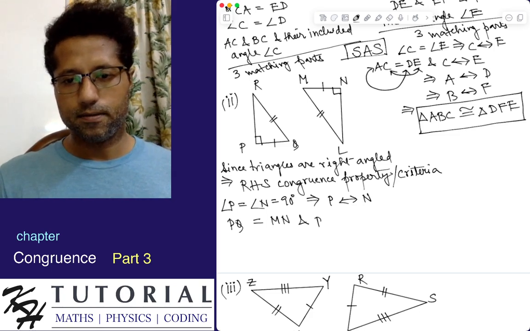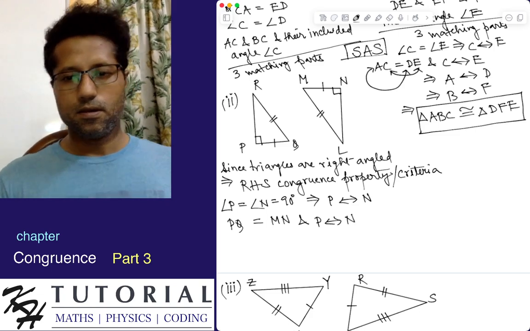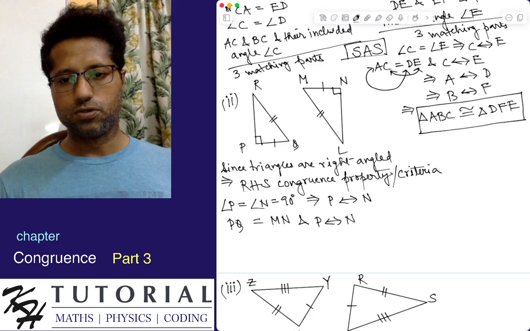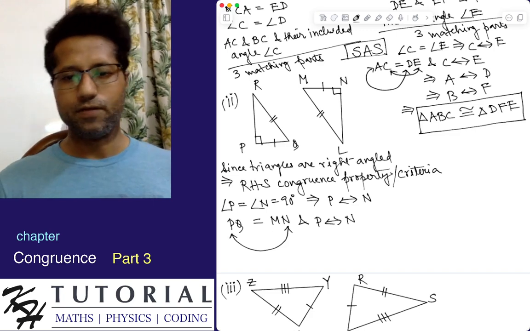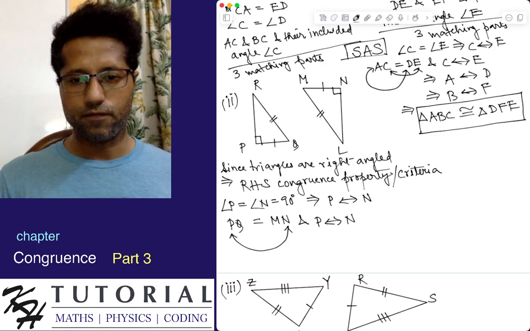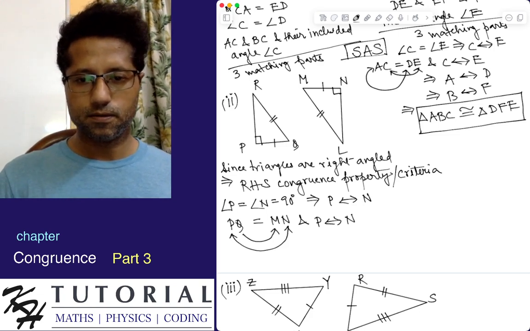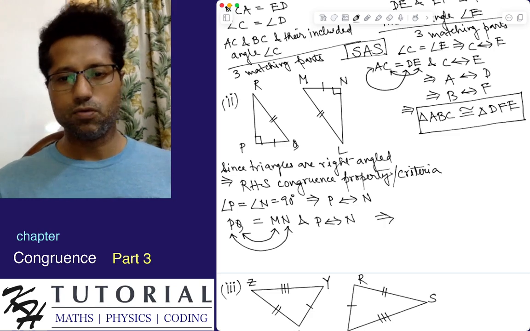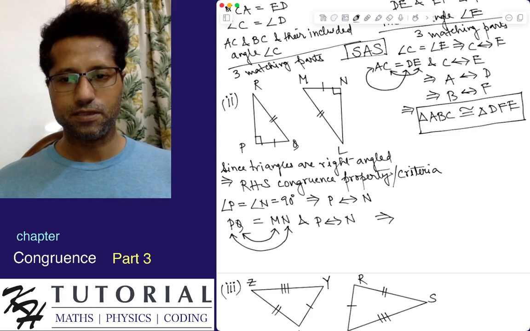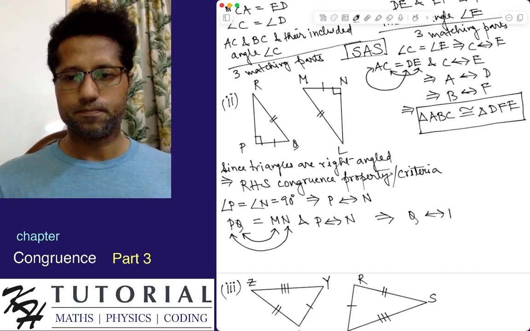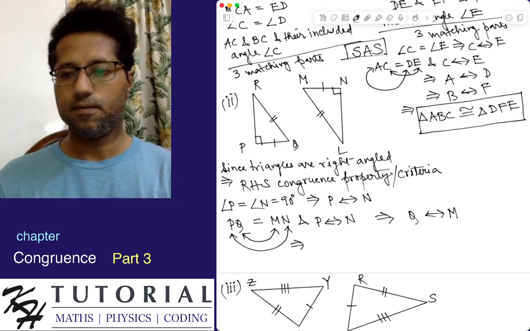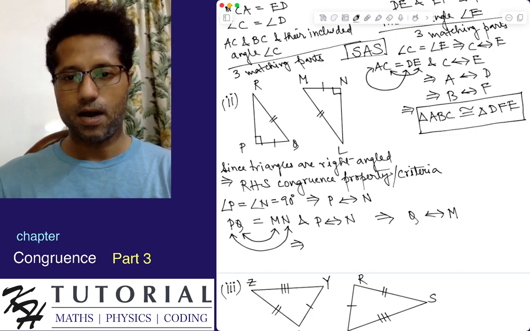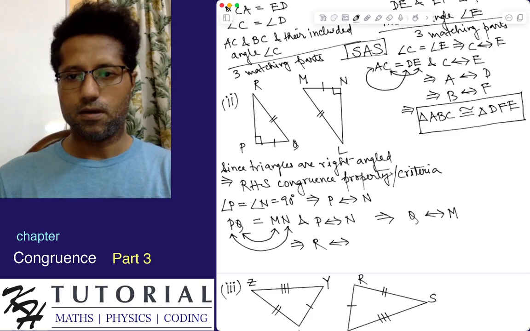We also know that P has a correspondence with N, so definitely Q should have a correspondence with M. So P corresponds with N, Q corresponds with M, and definitely R should have correspondence with L.